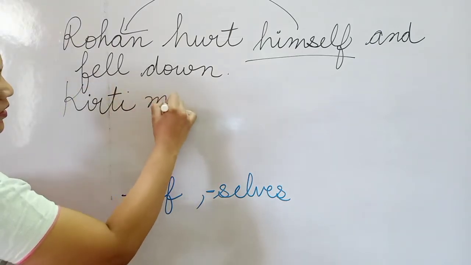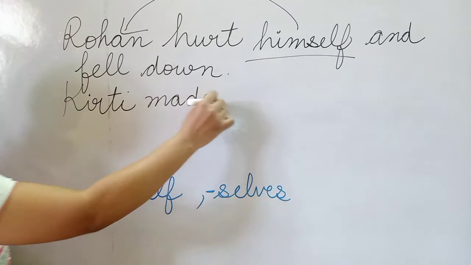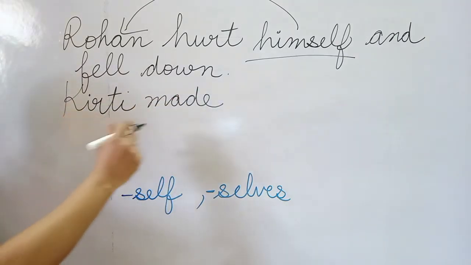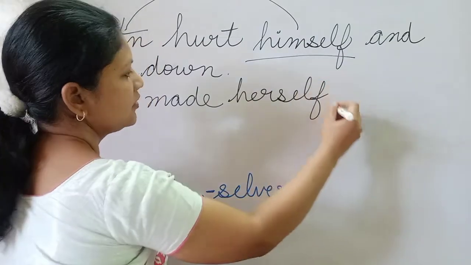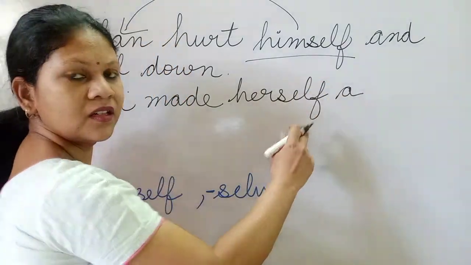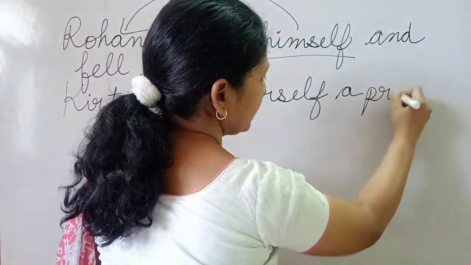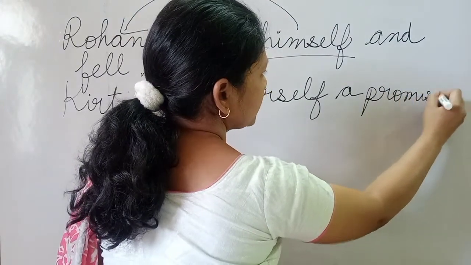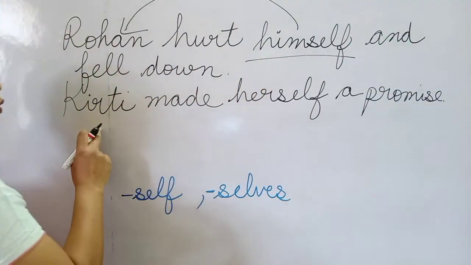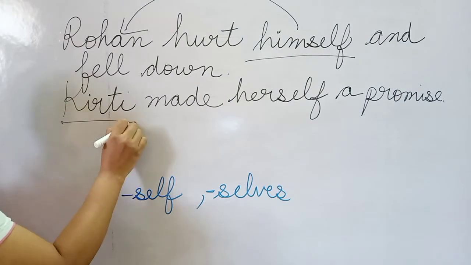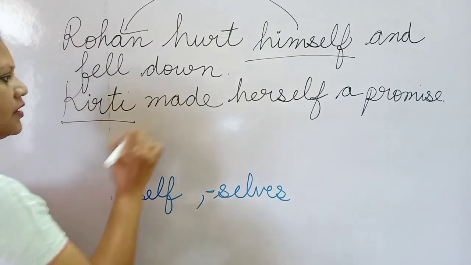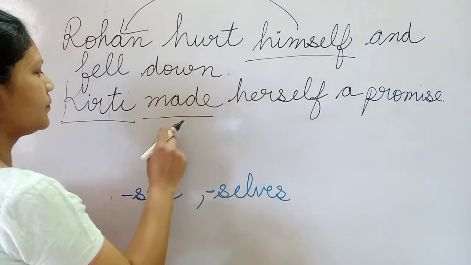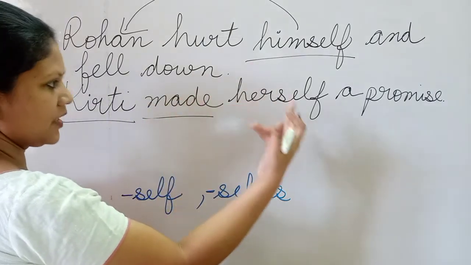Now, let us see one more example. Kirti made herself a promise. Now, who is the subject? Kirti. Who is the doer of the action? Kirti. What is the action? Made. Made is the verb. So, Kirti made herself.